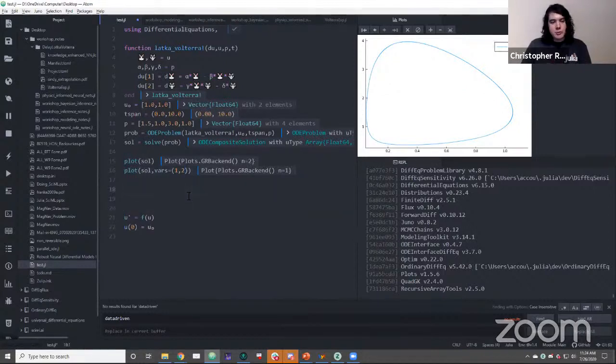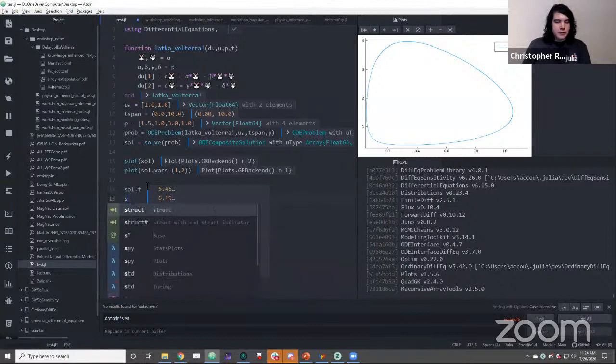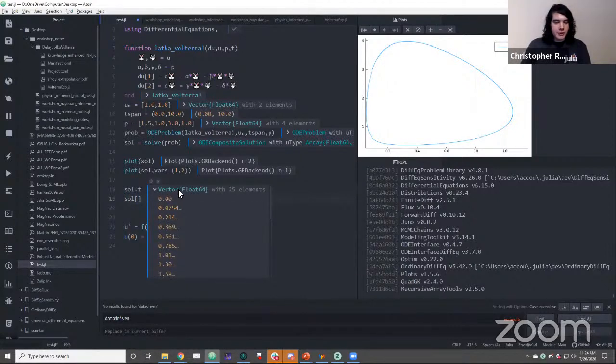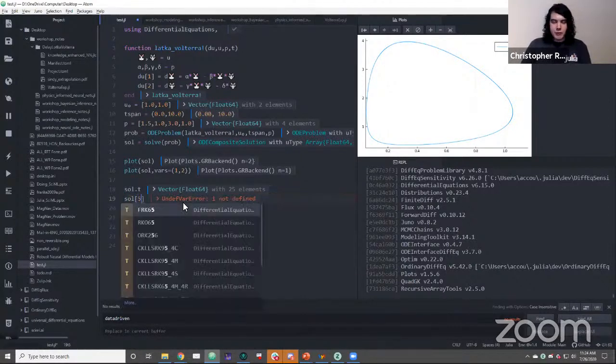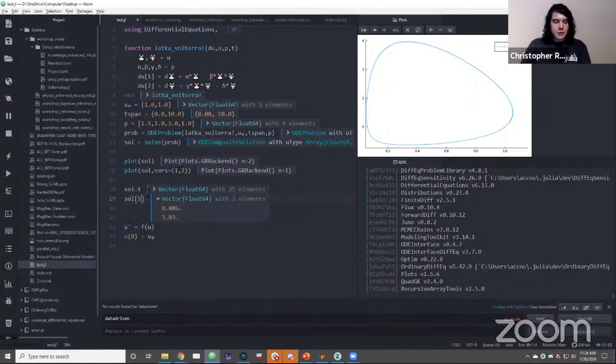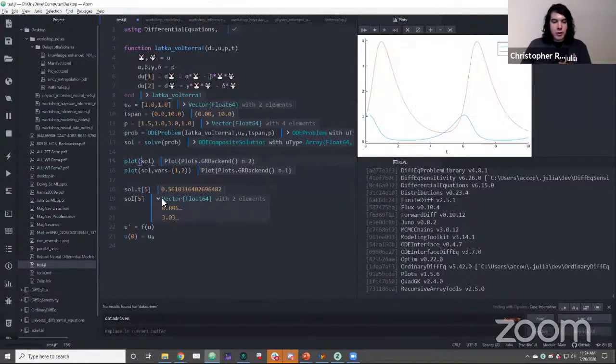Now, the way the solution object works is sol.t is our time steps, and sol of i, for example sol of 5, gives us the value that occurred at the 5th time step. So sol.t of 5 was 0.561, and sol of 5 is the value of the time series at that time.